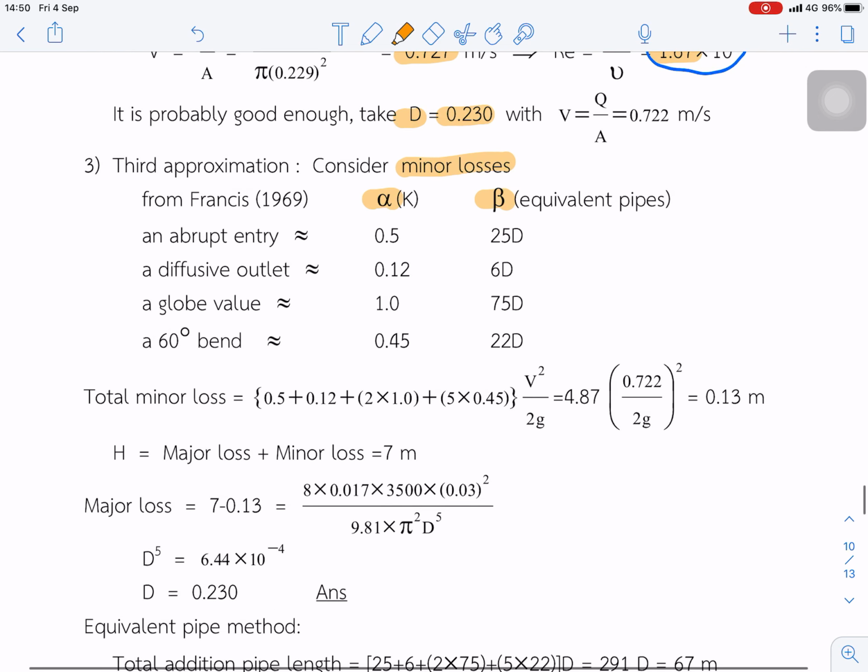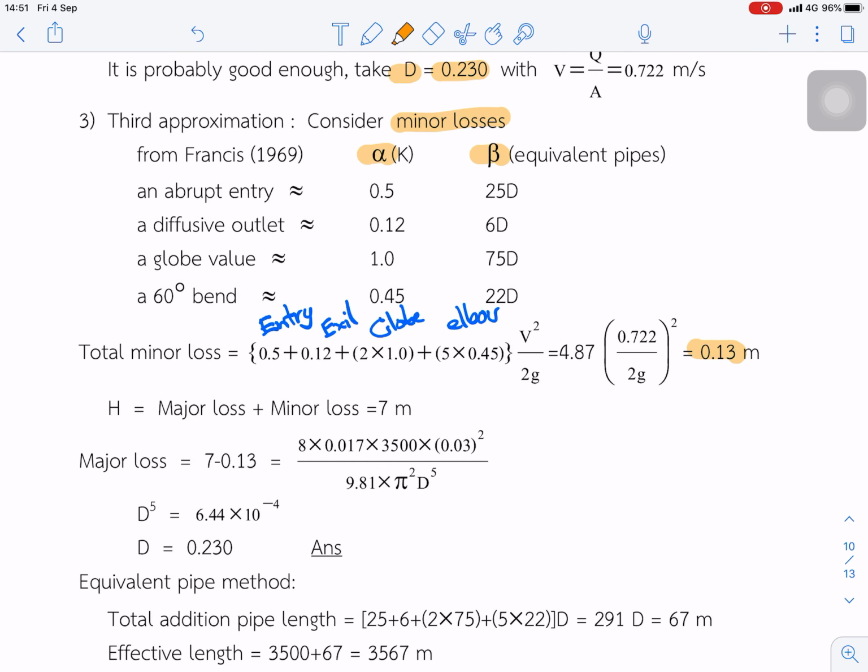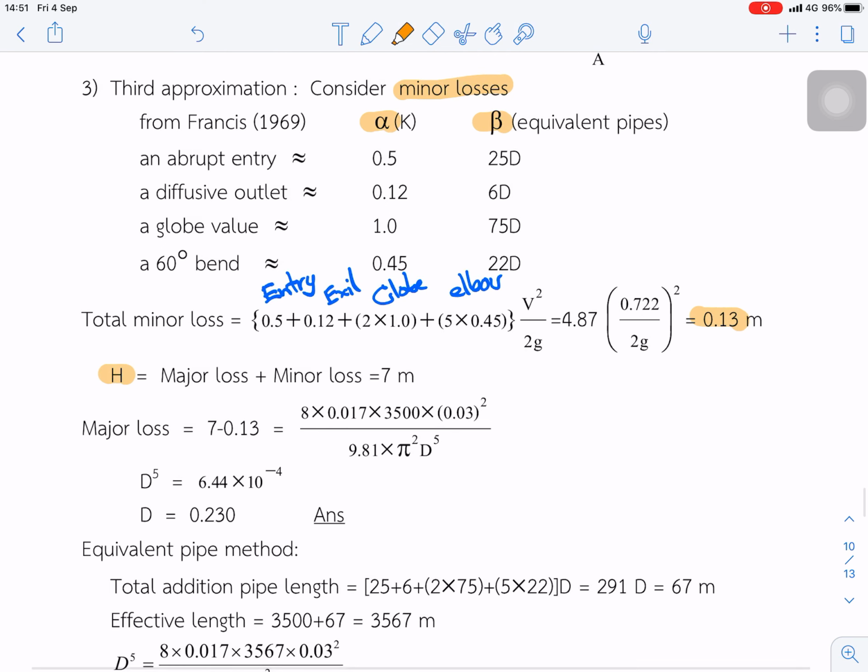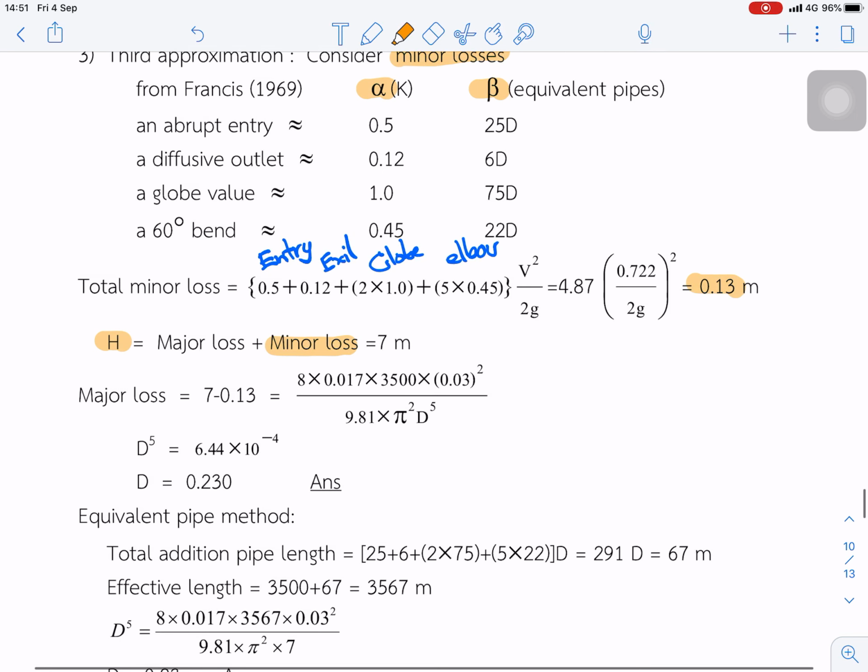So the total minor loss comes from the entrance, this from the exit, this from the globe valve, and this from the elbow. Okay, we got just a very small 0.13 meter. And again we put it in the equation and solve again, plotting the minor loss in the equation, and find the diameter is the same, 0.23.